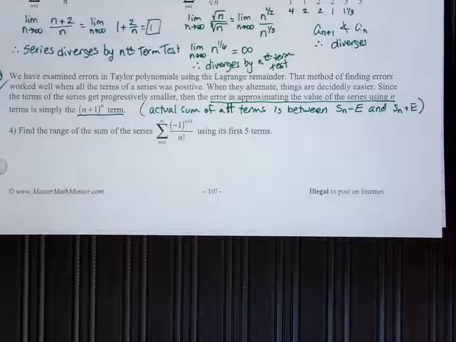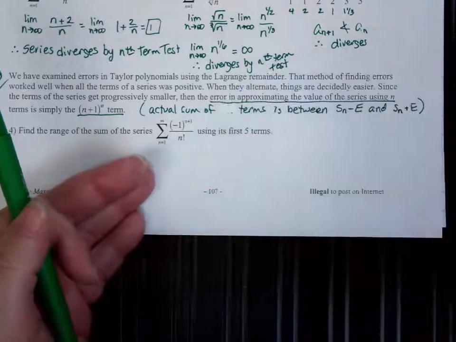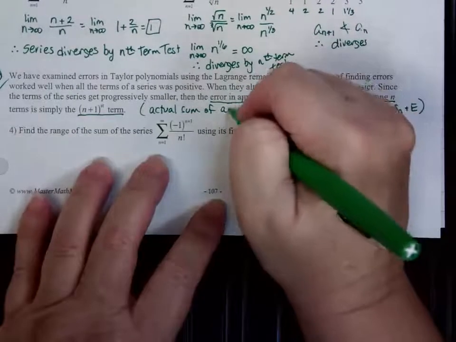That sum of all terms, and I'm going to fix that, because that's going to bug me, is going to be between S sub n minus E and S sub n plus E. ALL. There we go.